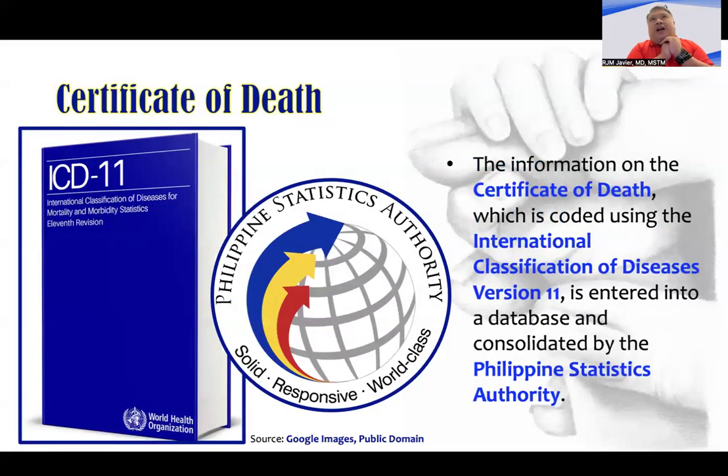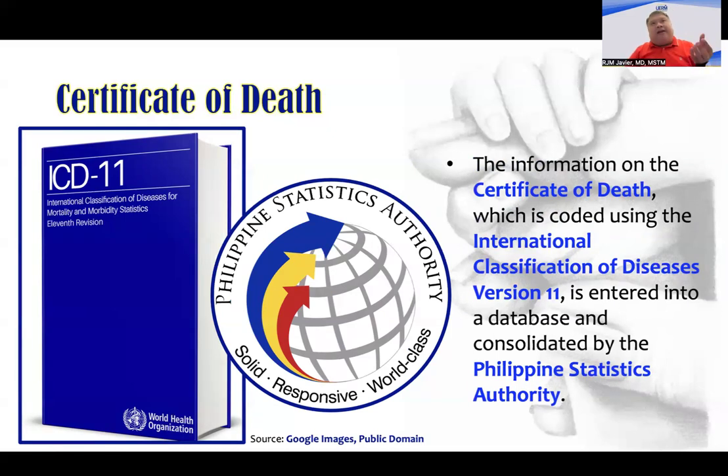So, before you can accomplish the certificate of death, you should be aware of the ICD, or the International Classification of Diseases for Mortality and Morbidity Statistics, version 11. ICD 11 is also what the PSA, or the Philippine Statistics Authority, will follow in terms of the coding.